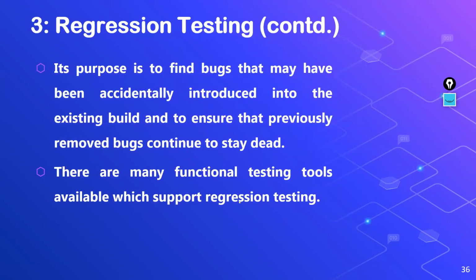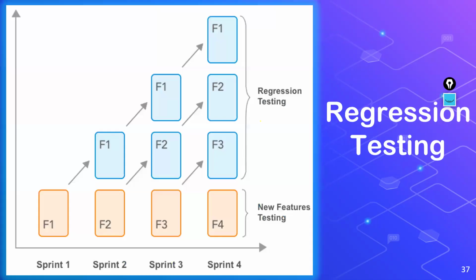Because the purpose of regression testing is to find out if there are any bugs which have been accidentally introduced into the existing build, and to make sure that the previously removed bugs continue to stay removed. That's what we do in regression testing, and that's what we saw here.